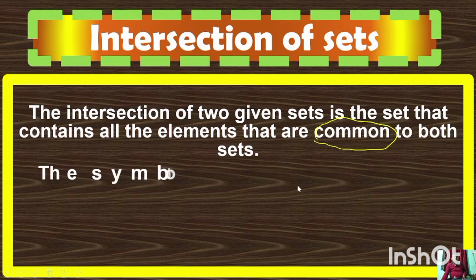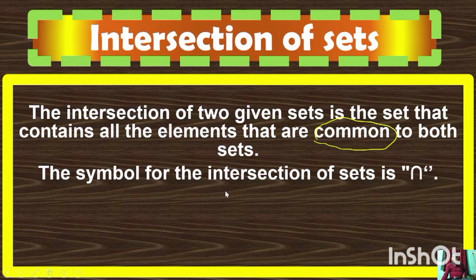Okay, understand? The symbolic representation of intersection is ∩. This is the reverse of union.